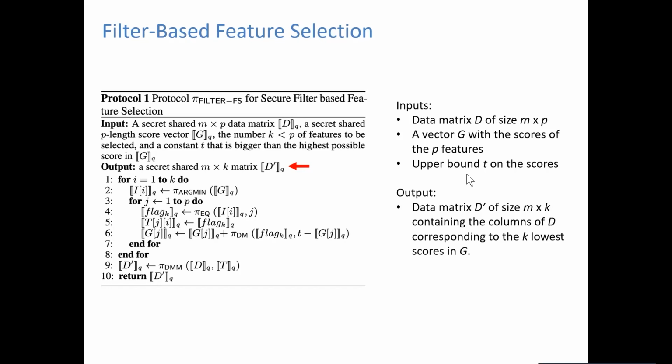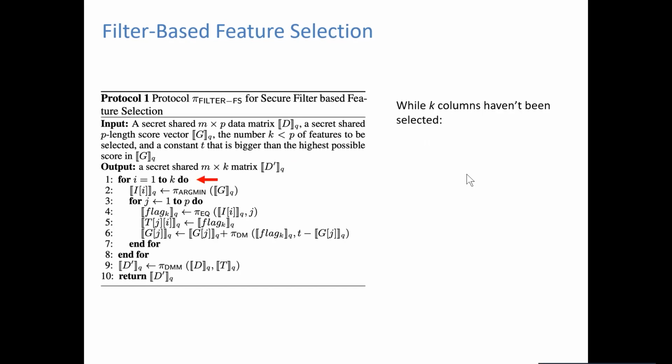So how do you do the filter part? It's actually quite straightforward. You do a loop K times to select the K columns with the smallest gene scores. Every time you enter this loop, you need to select the index of the minimum value among the gene scores of the remaining ones. If you already used a feature, then you are not picking that feature again.